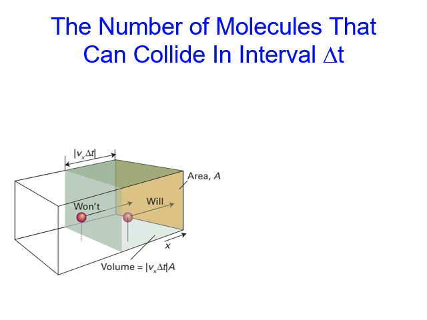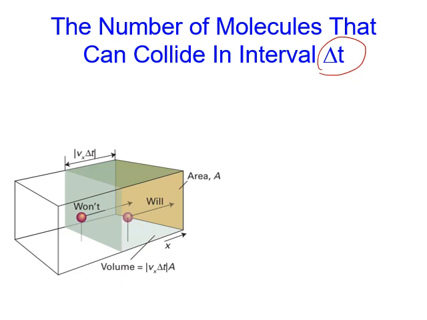To calculate the total momentum change, we need to know how many molecules collide with the wall, and to do that we need to give a time interval. So let's say delta t, that's how much time we look at the number of molecules colliding with the wall.